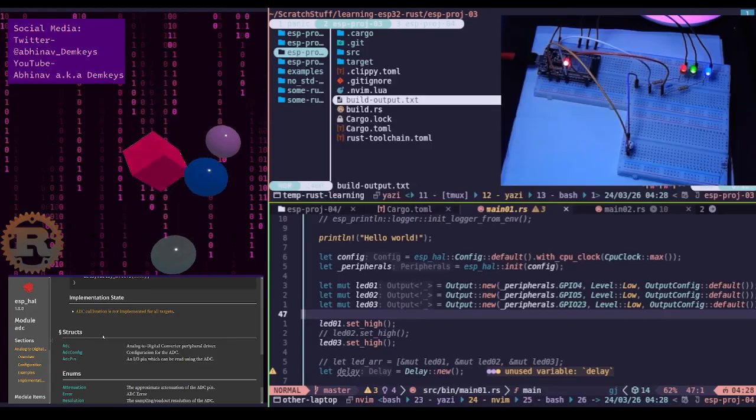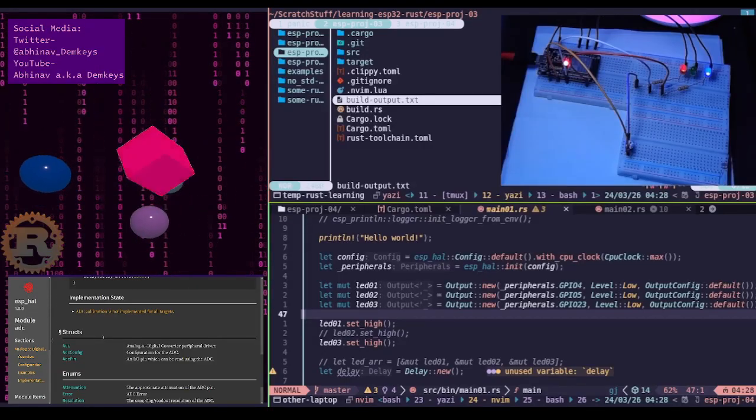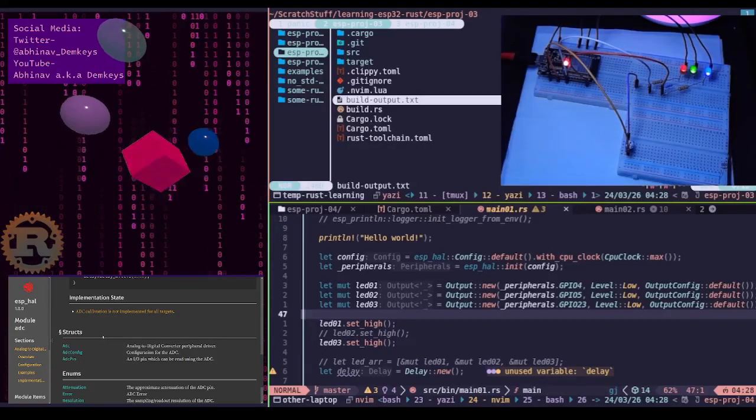Okay, there was another question that I wanted to ask. I want to dive deeper into the voltage divider thing.